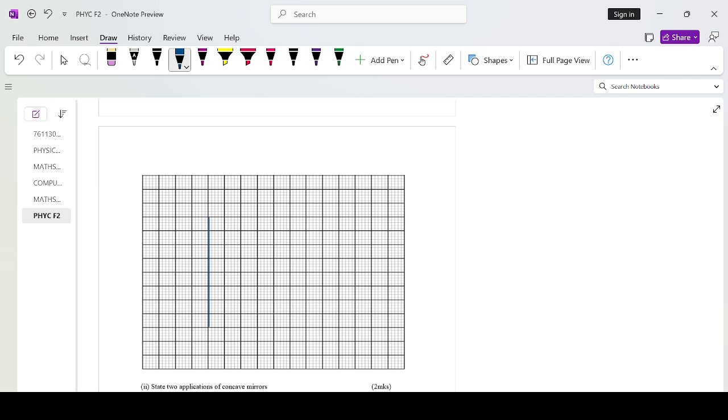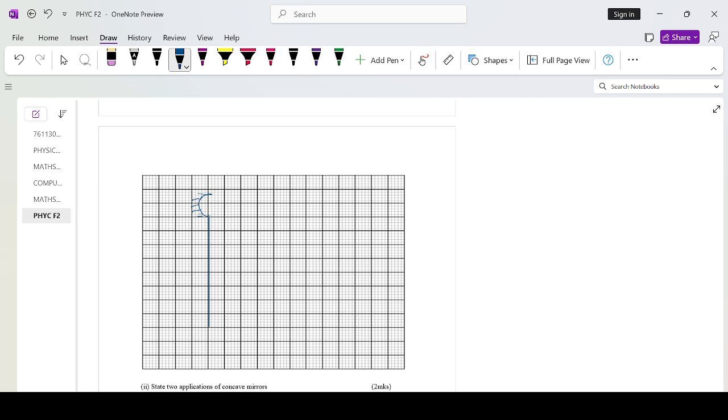If I have it like that, normally I have this as the symbol. It's convex, like that. Sorry, it's a convex mirror.